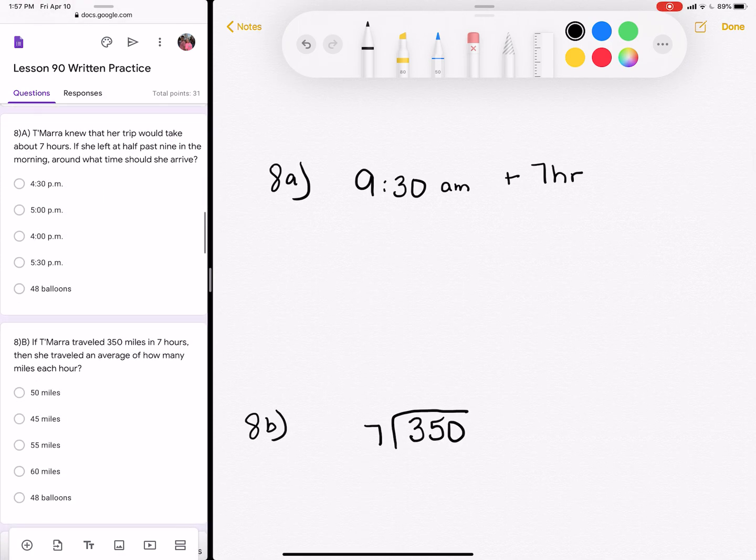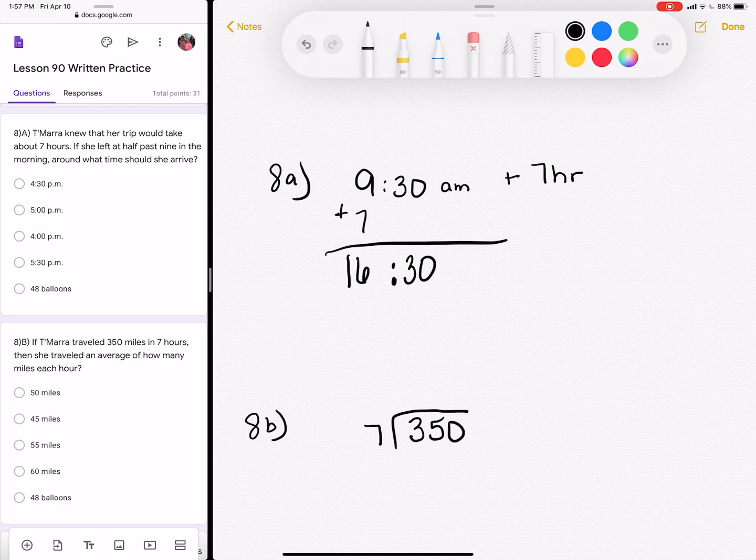8A, Tamara knew that her trip would take about 7 hours. If she left at 9:30 in the morning, 9:30 a.m., around what time should she arrive? So we'll add 7 to this 9 and see what that leaves us with. 30 minutes. 9 plus 7 is 16.